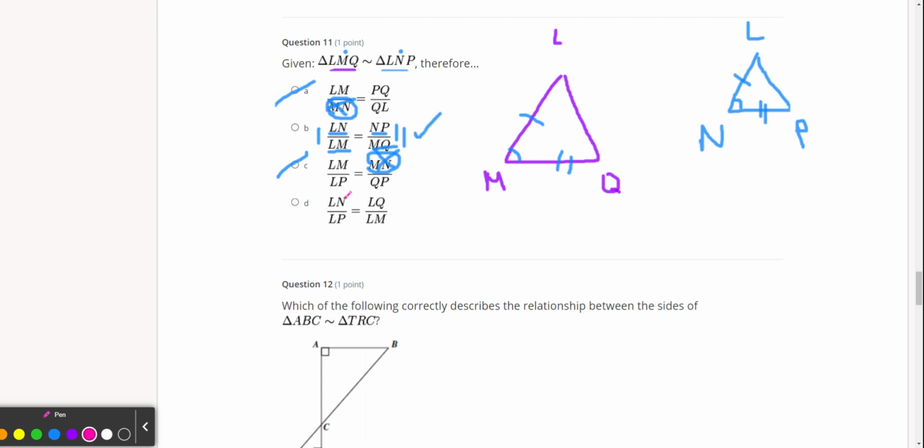If I come down here, LN is one tick mark, and LP, I can make that two tick marks because that's in the same triangle. And then LQ, but LQ and LN don't go together. This is first and third, and this is first and second. So this is my problem here.